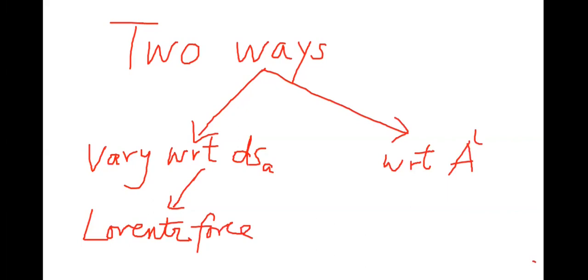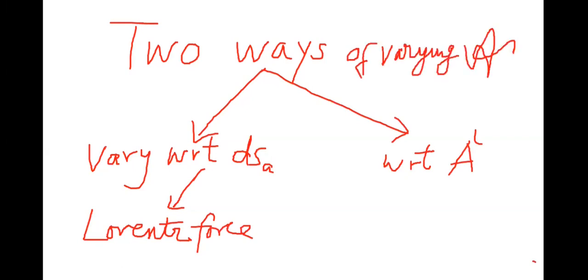So two ways of varying action: vary it with respect to dsA, you get the Lorentz force. Vary it with respect to AI, and you get the field equations.